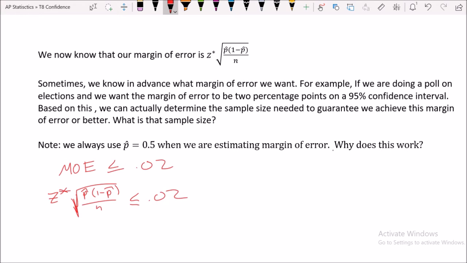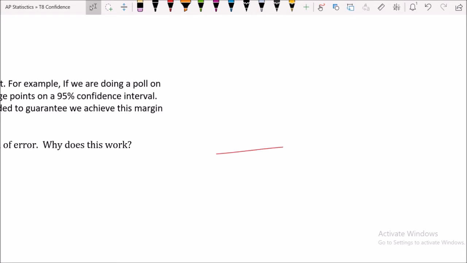One of the things I'm noticing already is I have not yet calculated a z-star value for a 95% confidence interval. So, normal curve, 95% is in the middle, which means 2.5% is on either side.